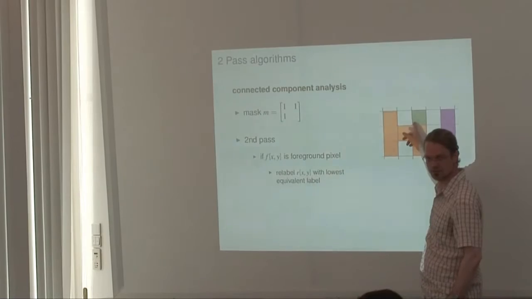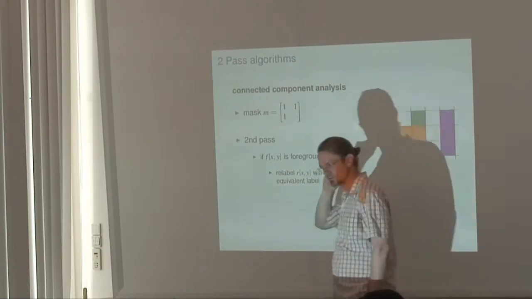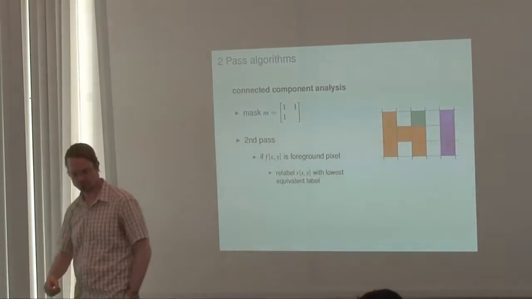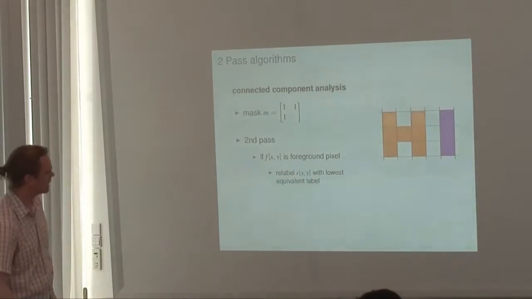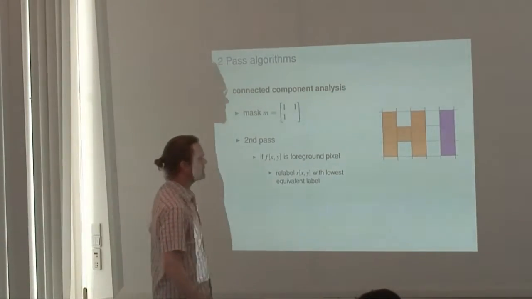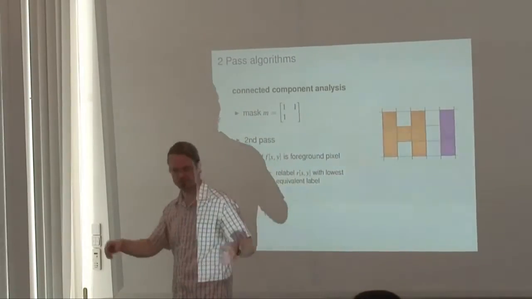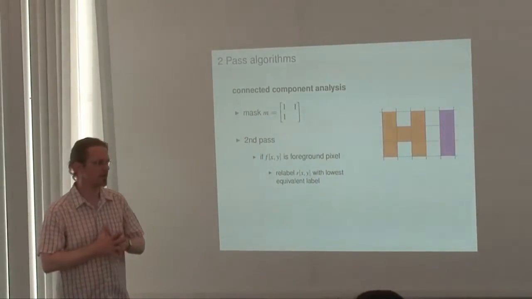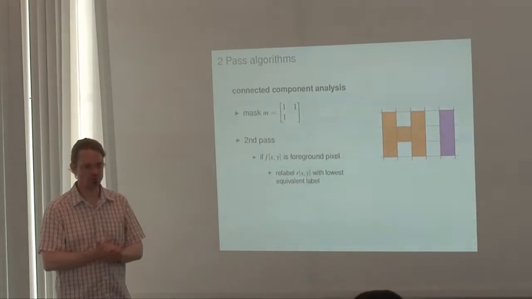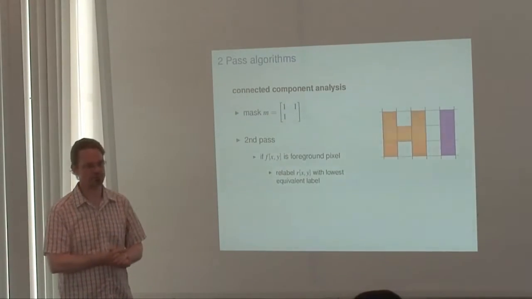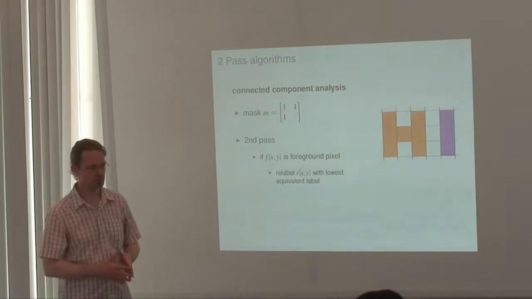What happens here? Exactly. Yeah, it will now become orange. Let's see. Yes, it does. Because examining this label, which was 2, with respect to the equivalences we have stored somewhere, we now realize that everything that is labeled 2 should probably be labeled 1. And so we do this here.